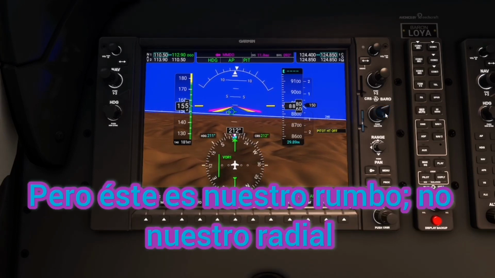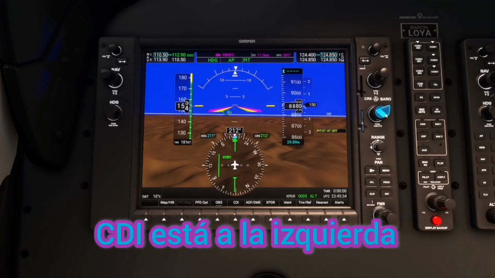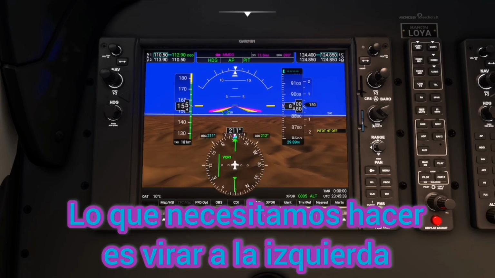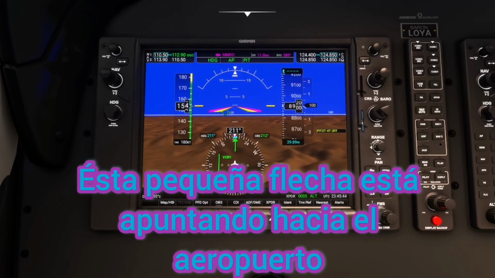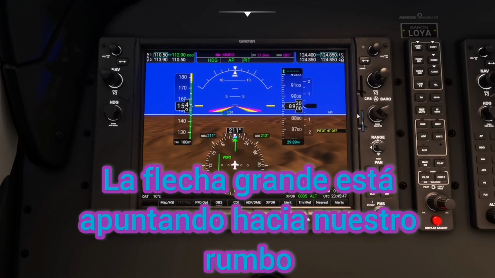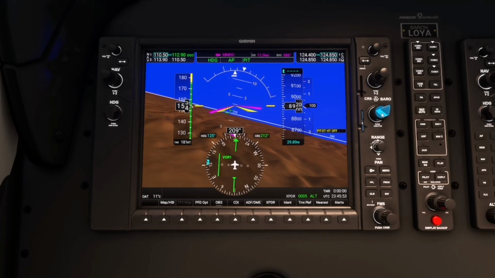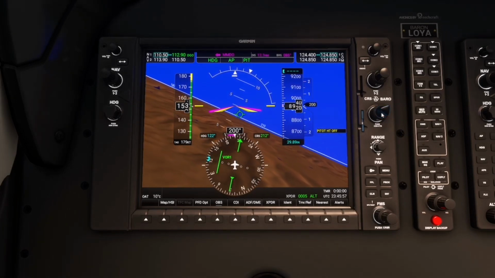But this is the heading, not our radial. As you can see, the CDI is to the left. So what we need to do is bank to the left. This little arrow is pointing to the airport, and the big arrow is pointing to a heading. So next I'm going to bank left to intercept the radial 210.